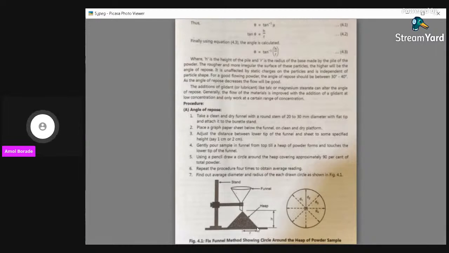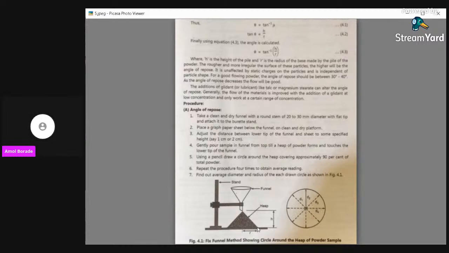It is obvious to understand: if the angle between these two lines is smaller, we can say that the granules are flowing over one another too much.